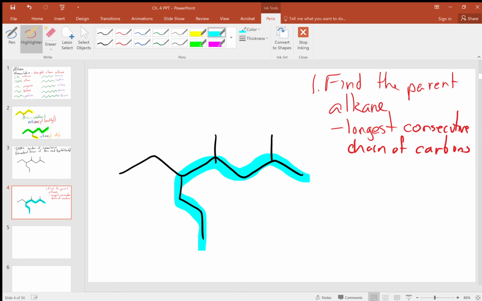Now, what if we had two chains within the molecule that are tied? What do we do in that case? Well, in that case, we have a series of tiebreakers to go through.